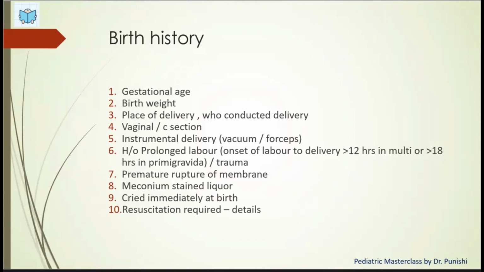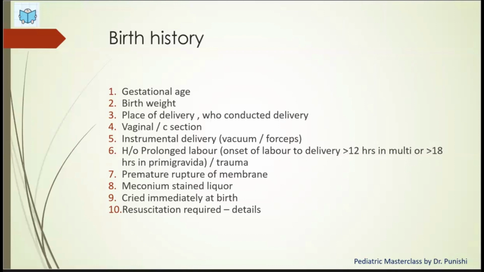Because prolonged labor predisposes to the risk of infection, and infection, like we just saw, increases the risk of sepsis, meningitis, and CP. So, was there a history of prolonged labor? That's very important. You will ask the mother when she started feeling the labor pain and when she delivered, and you calculate the number of hours between these 2 points, and that will tell you whether there's a history of prolonged labor.